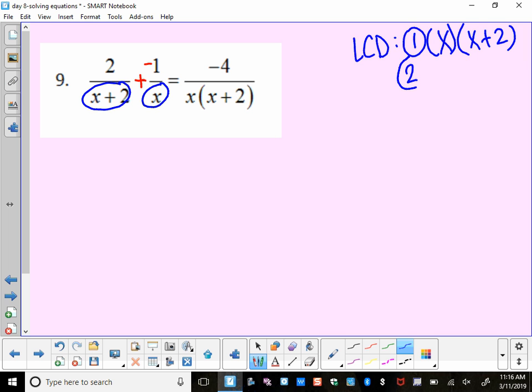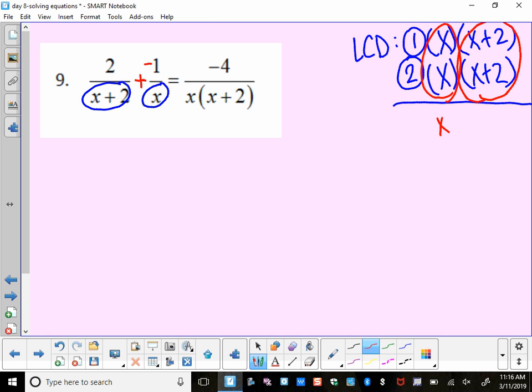For the second fraction, after the equal sign, once again, x times x + 2. Do we have any pairs here? Yes. We have x, and we have x + 2. So that is going to be my LCD.